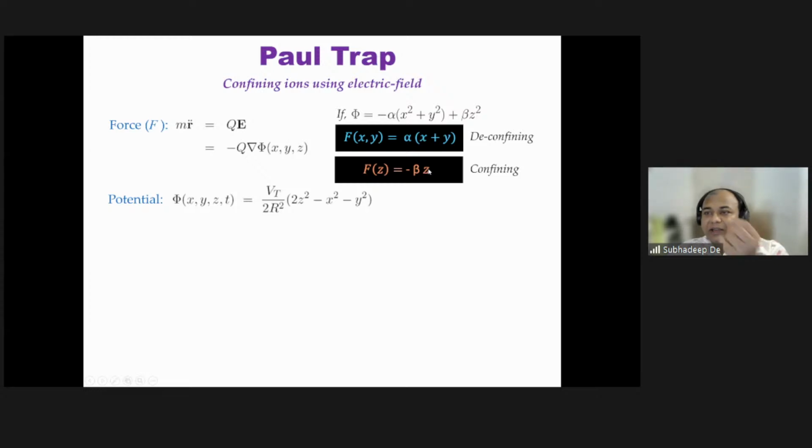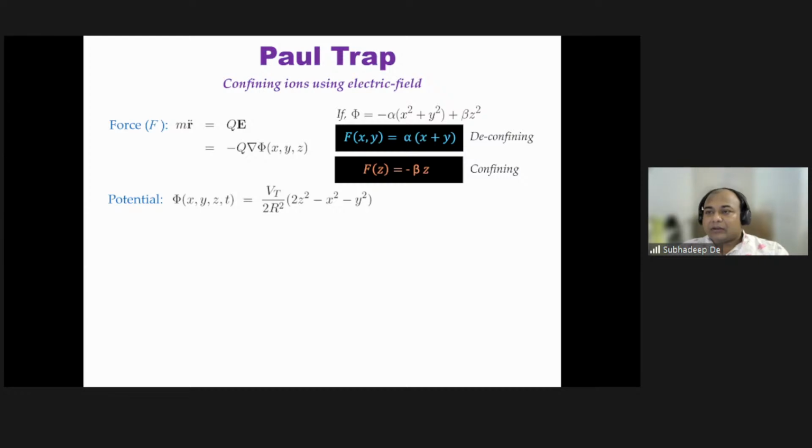So x, y, z equal to 0 is the confinement point. If the ion moves away from the confinement point, for example if z increases, the ion feels more force to come back. That's why this negative sign is here. As the ion is away from the trap center, it receives more force pushing it towards the trap center. That's what is needed.